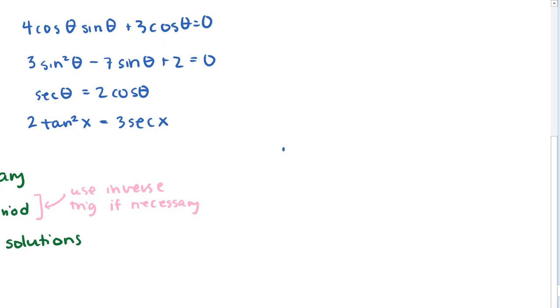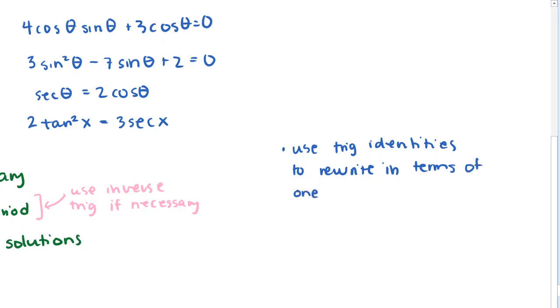And so one step we can do sometimes is use identities to rewrite our equation in terms of just one kind of trigonometric function. So one step I might recommend is use trig identities to rewrite the equation in terms of one trig function.